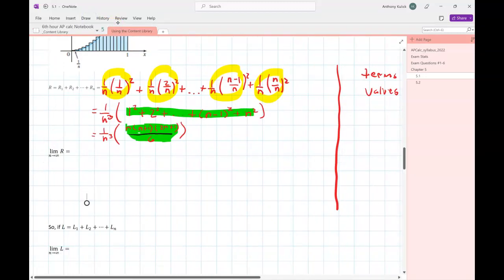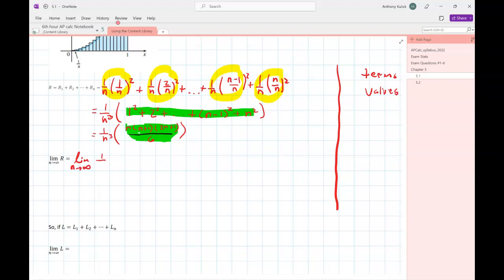So if I want to do then the limit as n approaches infinity, well, let's write it this way.